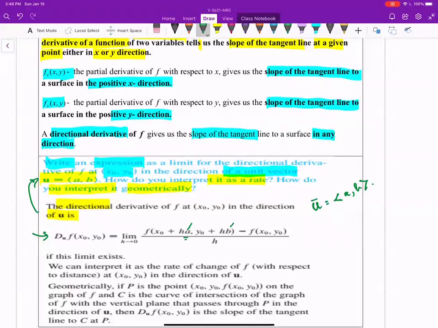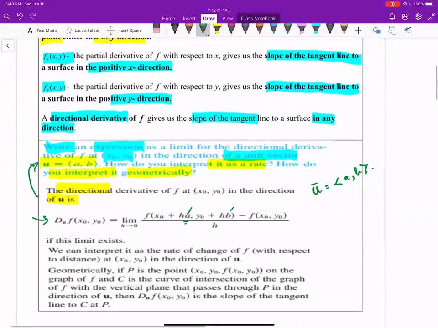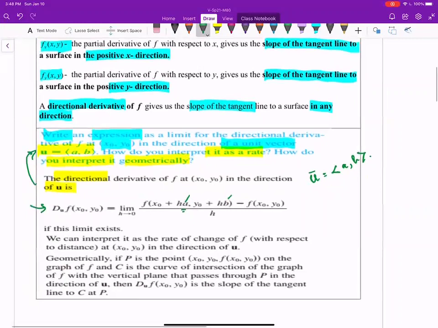When we take f sub y, we keep x as a constant. So here we are incrementing both x0 and y0. We can interpret it as the rate of change of f with respect to the distance at x0, y0 in the direction of the unit vector u.